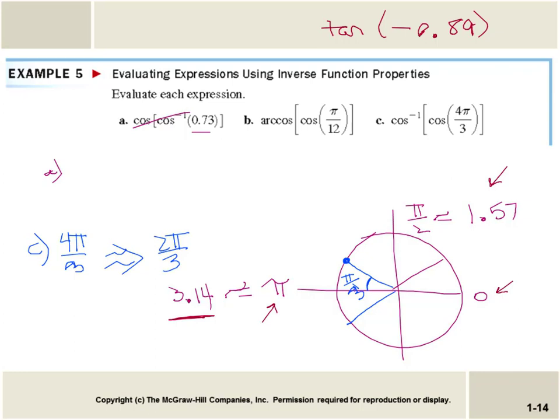So if I tell you that this is 0, and I tell you that this is pi over 2, which is the same as 1.57, then where would 0.89 be?